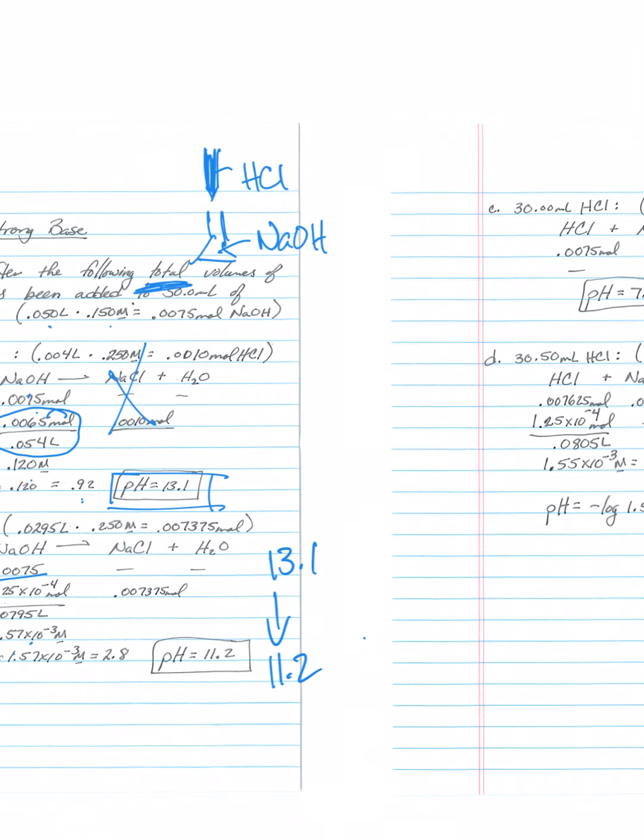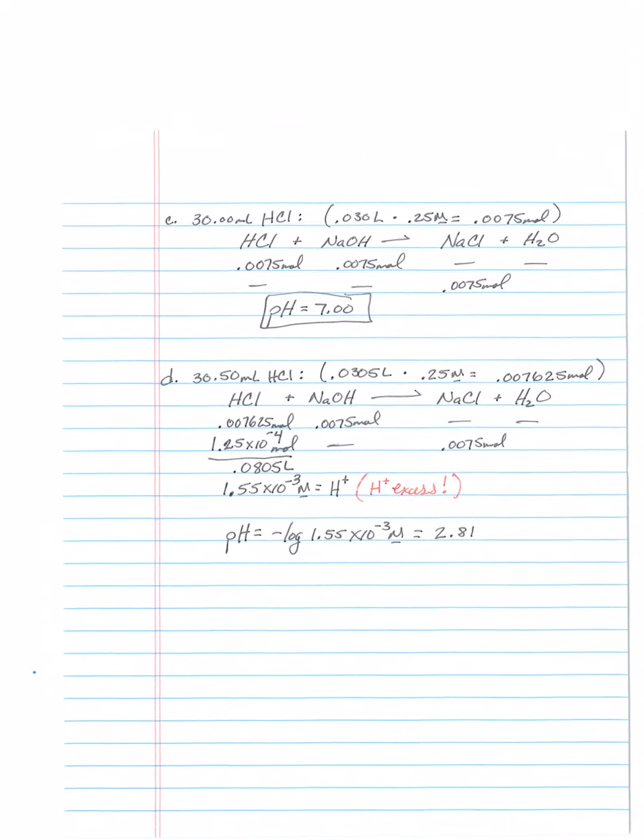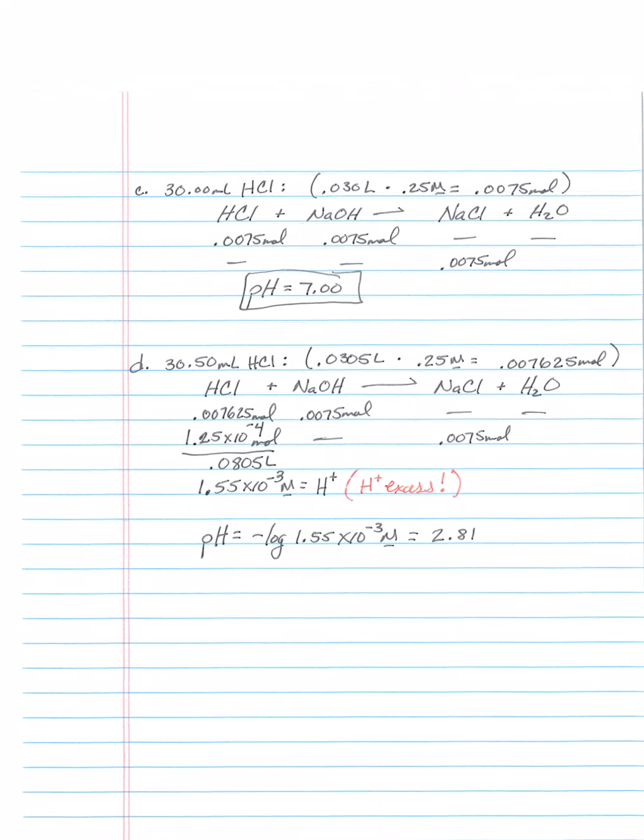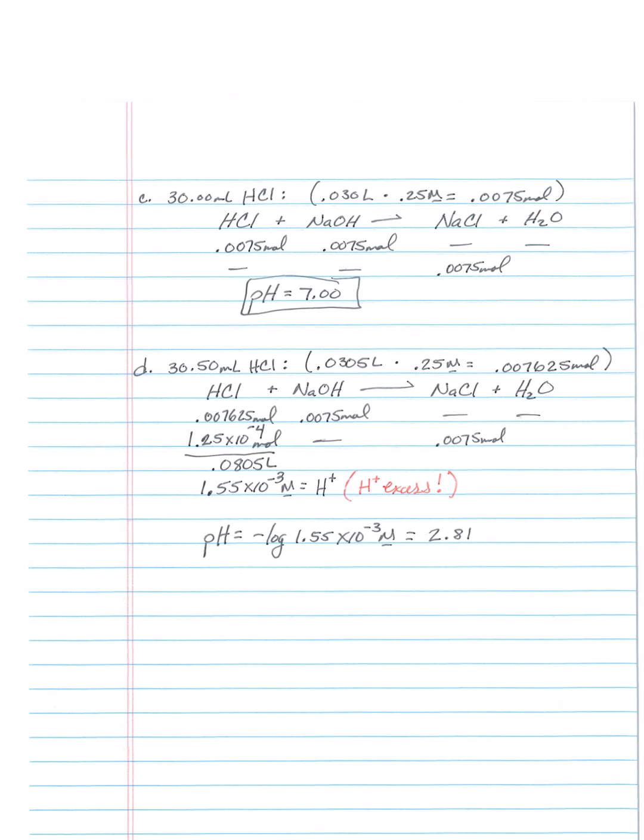Now, in C, we're going to jack this up and get to a complete 30 mL of HCl. At 30 mL, we have an equal number of moles. This is going to be called the equivalence point.